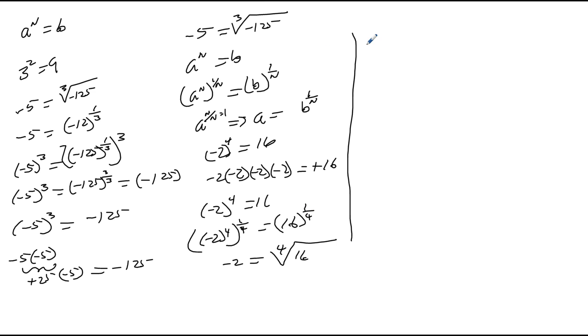So therefore, let's say whenever we have, let me pick one. 81 is the fourth root of 3.